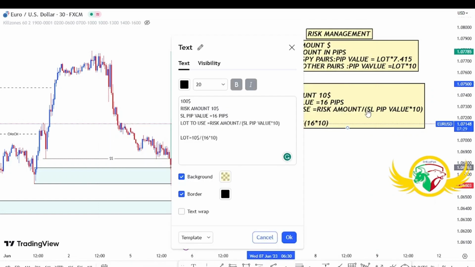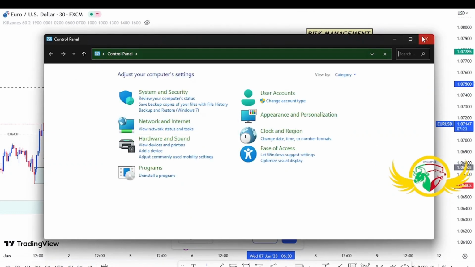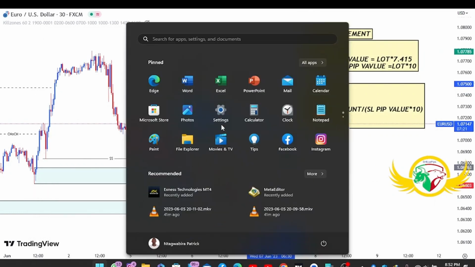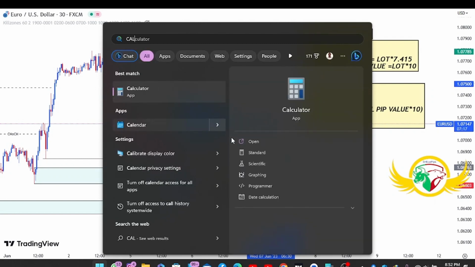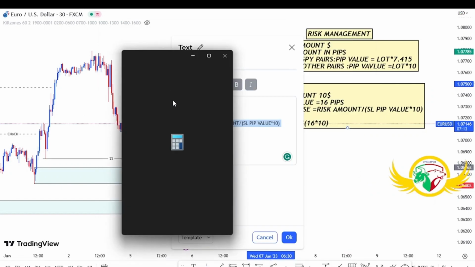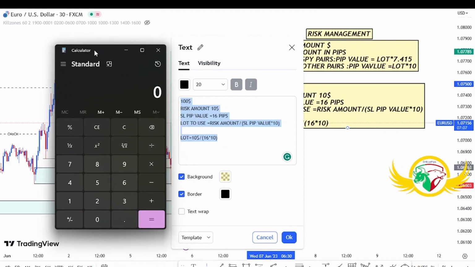So in this case, if we use the calculator, it's like 10 divided by 160.